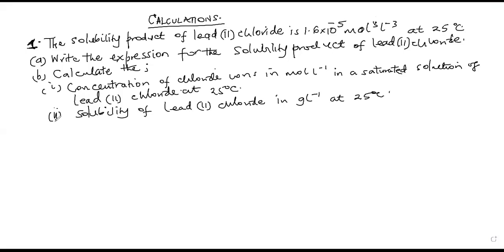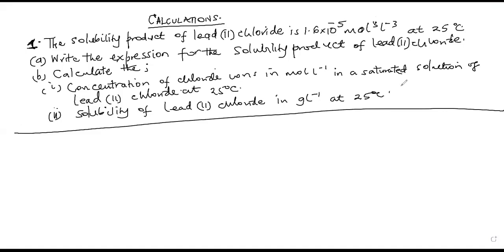Number one, they're saying that the solubility product of lead 2 chloride is 1.6 × 10^-5 mol³ L^-3 at 25 degrees Celsius. Solubility has to take place at a certain temperature. Write the expression for the solubility product of lead 2 chloride.